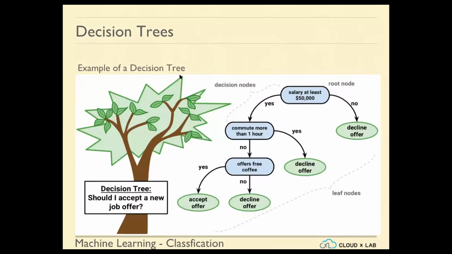So let's take a look at the decision tree example. Here is a very simple decision tree that goes in our mind. Should I accept a new job offer? This is basically an inverted tree, like most of the trees in data structures or algorithms.